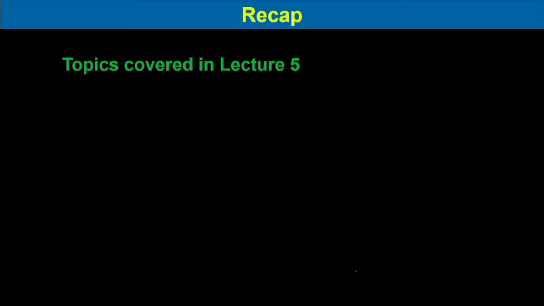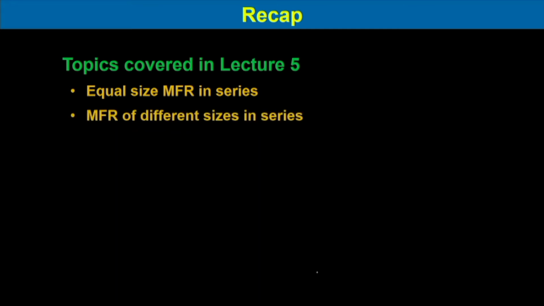In the previous lecture we covered equal size mixed flow reactors connected in series, mixed flow reactors of different sizes in series. Then we considered reactors of different types connected in series.